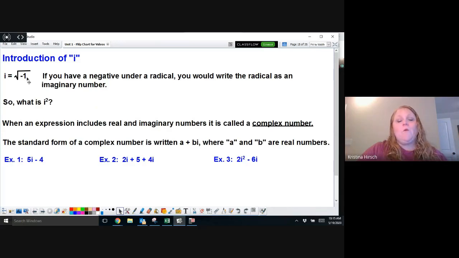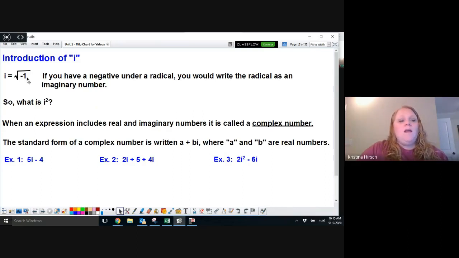Pi is 3.14, blah, blah, blah. E is 2.7, blah, blah, blah. I is the square root of -1. If you have a negative under a radical, then you rewrite it by pulling out the I. We're going to look at some examples of that in a little bit.